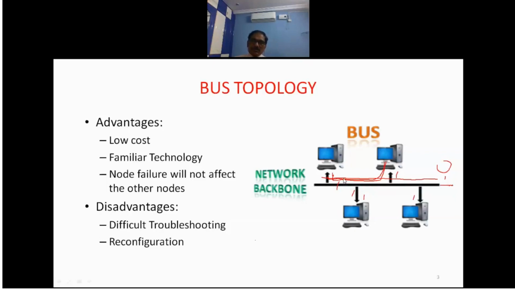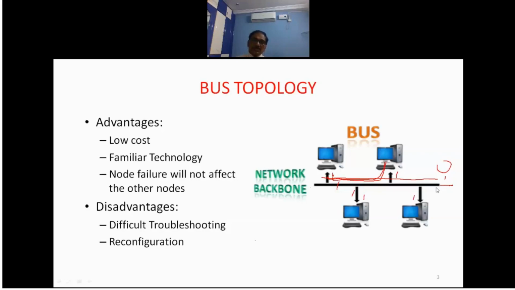Because of this, whatever signal is reaching the dead end should not be reflected back. It should be terminated at this point. That is why a terminator is to be connected at this dead end. Similarly, at the other end also, we should have a terminator connected so that there are no reflections from this end.